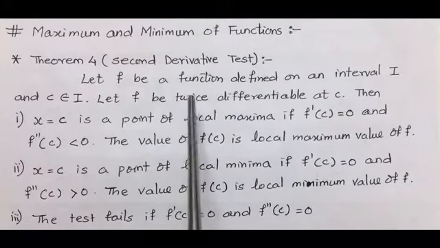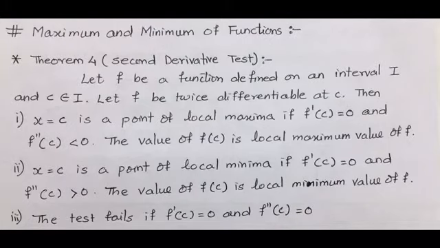So according to this theorem, the procedure for calculating maximum and minimum is, whatever the function is given, say f(x), the first derivative is to be calculated. After finding the first derivative, we equate it to 0, that is we make f dash x equal to 0. By the equation we get the value of x.